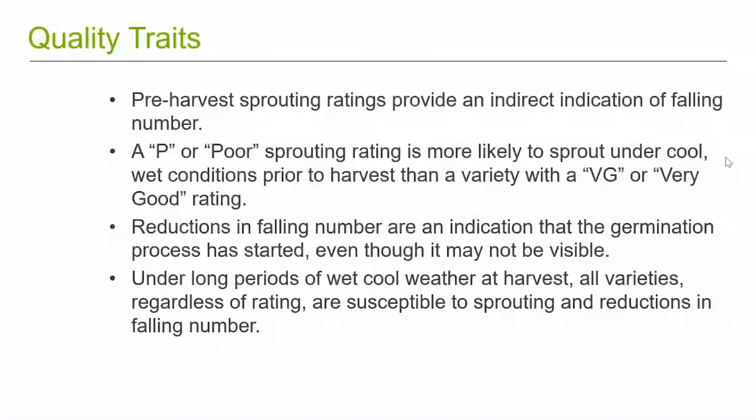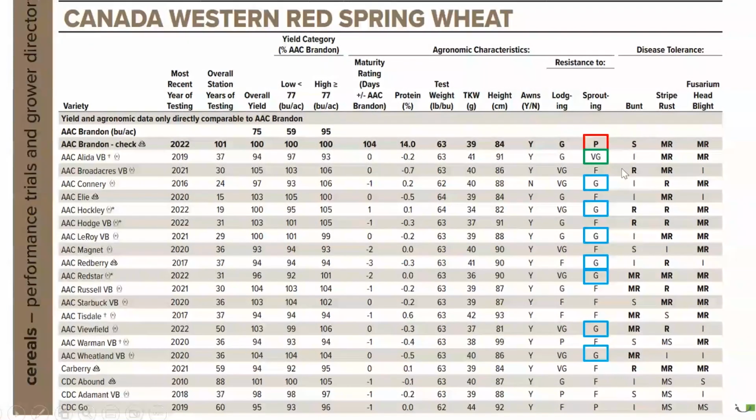And again, like that fusarium issue, if we have cold, wet weather at harvest, all varieties, regardless of their rating, are susceptible to sprouting and reductions in falling number. So again, when we look at this column on resistance to sprouting, you can see that Brandon, as our check, has a poor sprouting resistance rating.